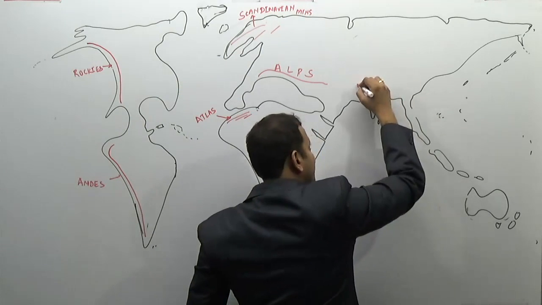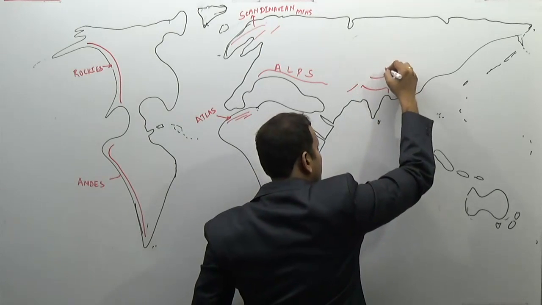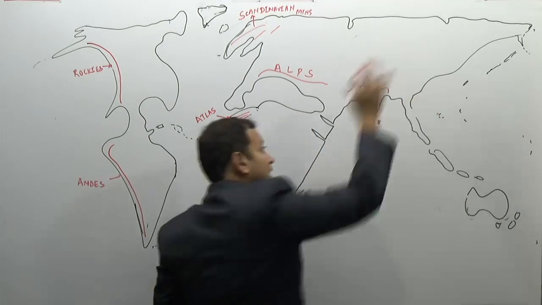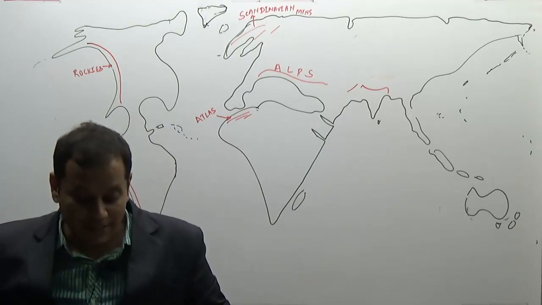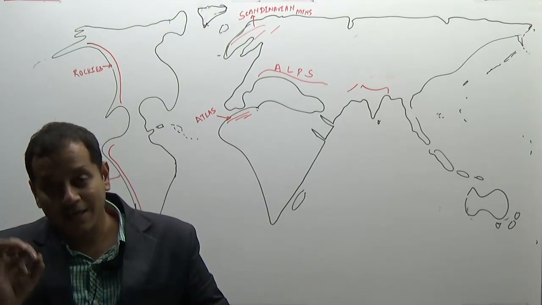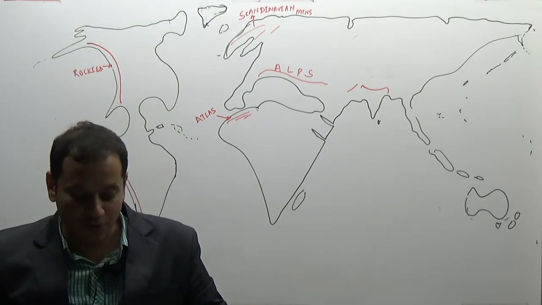Himalayan mountain systems, Hindu Kush mountain systems of South Asia, or we can say the Himalayan mountains of India and the surrounding Indian subcontinent, the Hindu Kush mountain systems.